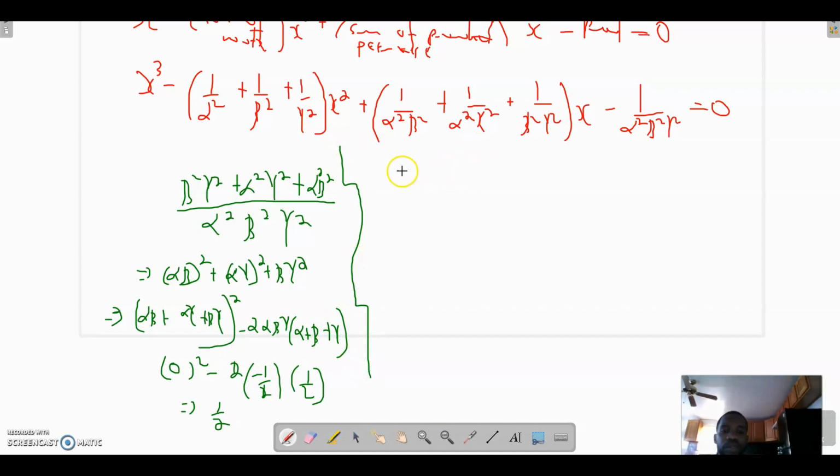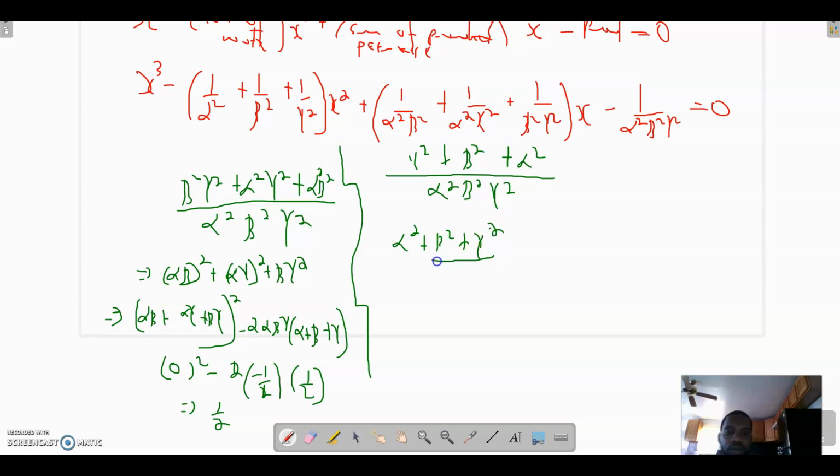So I've taken care of that part. Now moving to the sum of the product pairwise, we also find the LCM here as these are fractions. So we have alpha squared, beta squared, gamma squared. Now this into this is going to be gamma squared, this into this is going to be beta squared, and this into this is going to be alpha squared. Using the commutative property again, we end up with alpha squared plus beta squared plus gamma squared all over alpha beta gamma all squared.